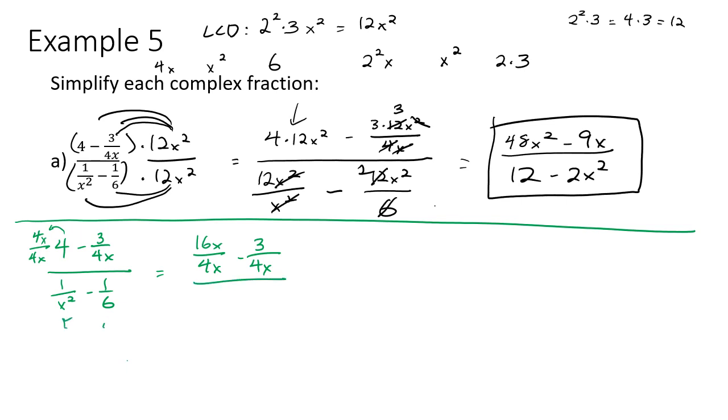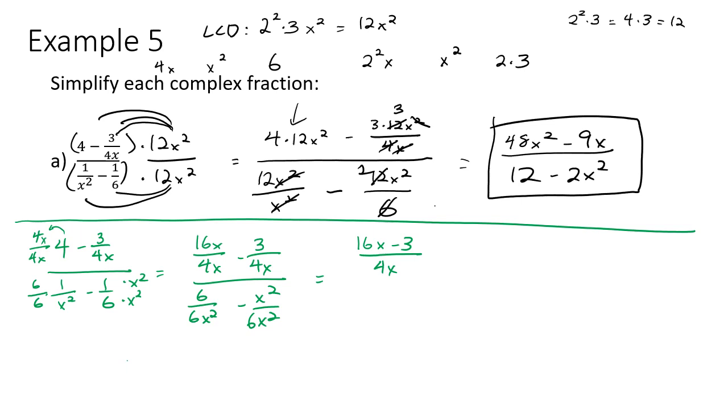And the denominator, neither of these have anything in common, so we're just going to multiply them by each other. So the one on the left I'm going to multiply by 6 over 6. The one on the right, x squared over x squared. And then I'm going to combine.